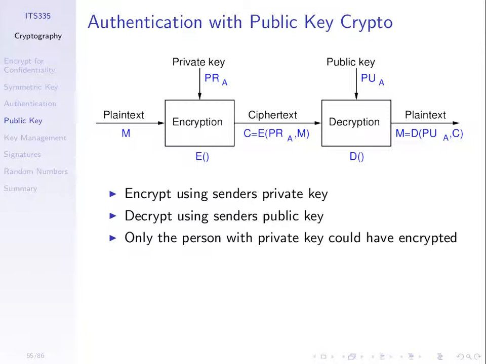Again, every user has their key pair, PRA, PUA, similar with B. When A wants to send a message to B, we don't care who reads the message, we just want it to be sure from the receiver's perspective that it did come from A.